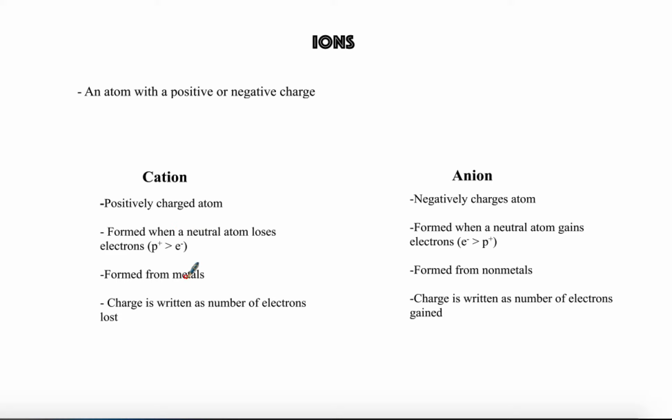Metals are the ones that form cations, and the charge of the cation is determined by the number of electrons lost. For example, if magnesium loses 2 electrons, it has a +2 charge. If sodium loses 1 electron, it has a +1 charge, which we just denote with a plus sign.